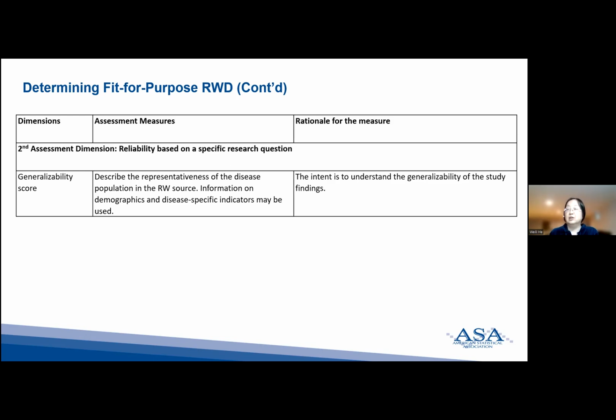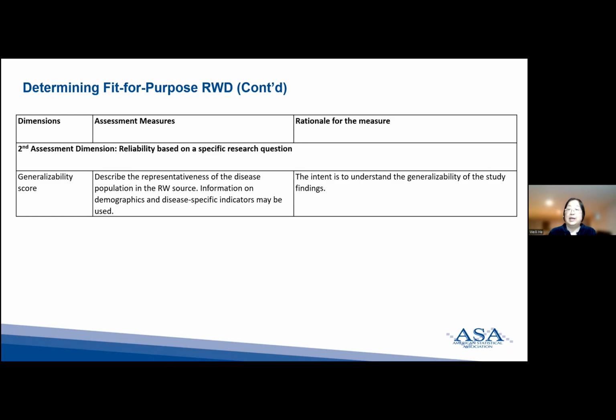If the average general AML patient is, say, 65 years old, but in your data set the average patient age is 40, then definitely there are some differences between your RWD source and the epidemiology of the disease.